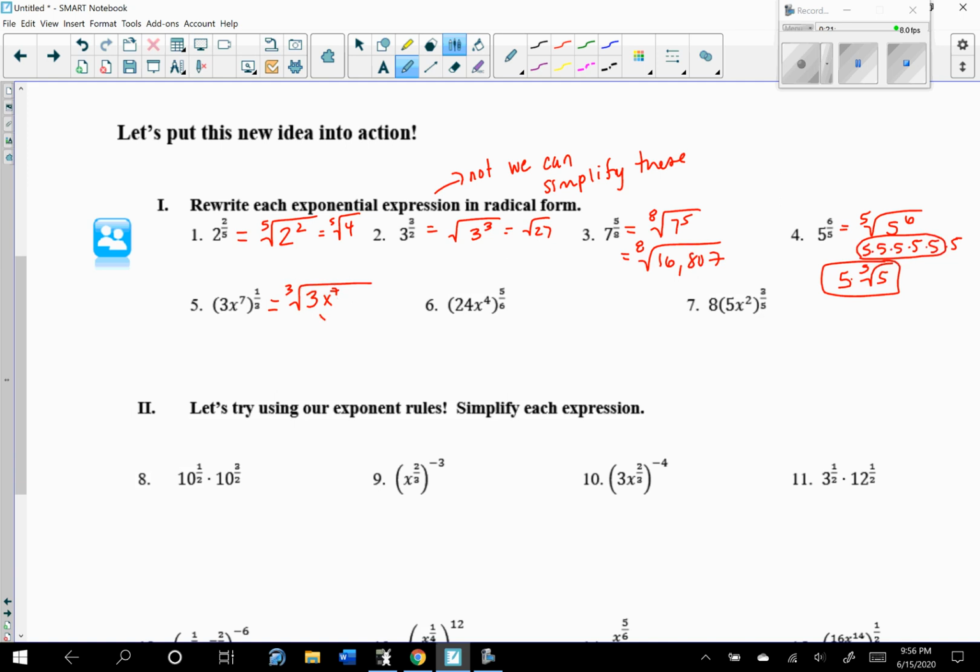This is x times x 7 times. So we have two groups of 3 with 1 left over. So this is actually equal to the cube root, and the x squared would go on the outside because we have two groups that grow out, so x squared. And this would be 3 to the x. So this would be simplified.